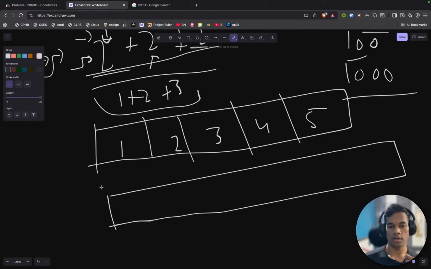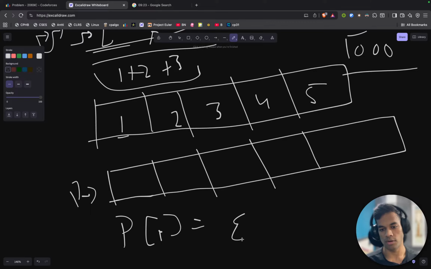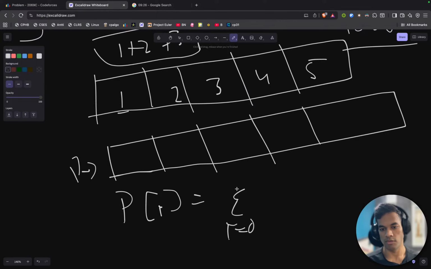which will be the sum, or you could say prefix sum in some ways, of this value. Let's call this one p. P i would be the summation from k equals 0 till k equals i of 2 power a k, where a is this thing.